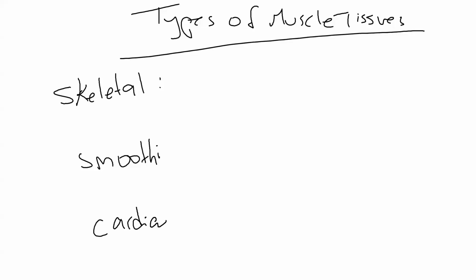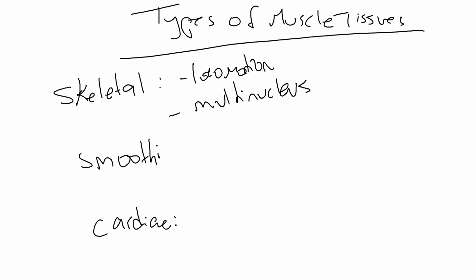The skeletal muscle has locomotion, meaning movement, and is multinucleated. It is striated muscle. What does striated mean? Striated means it looks like this.